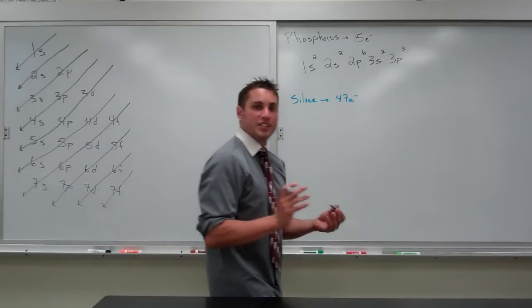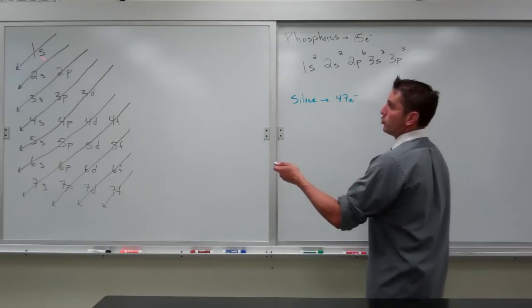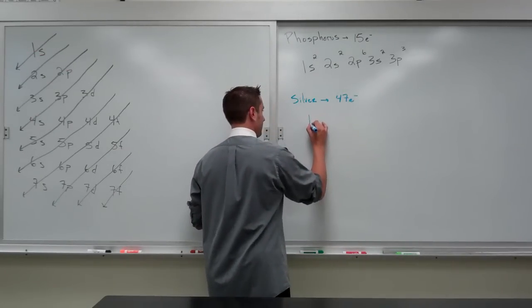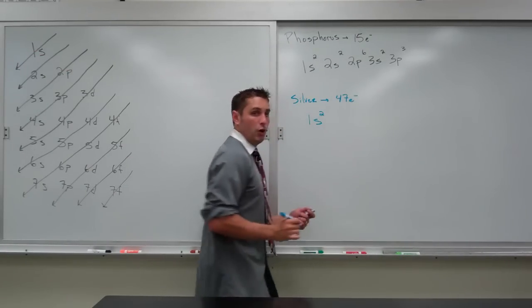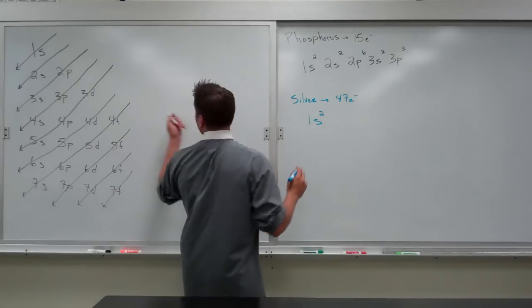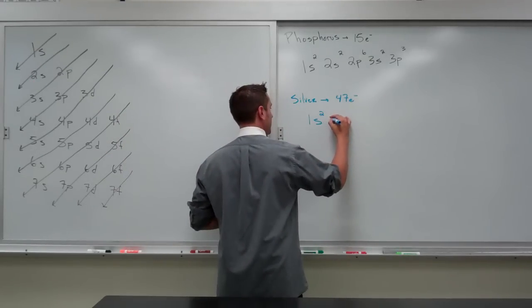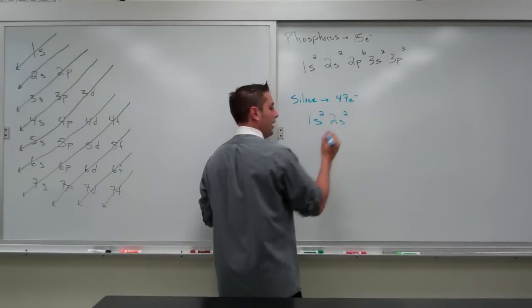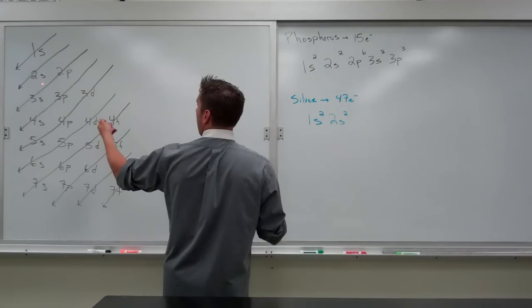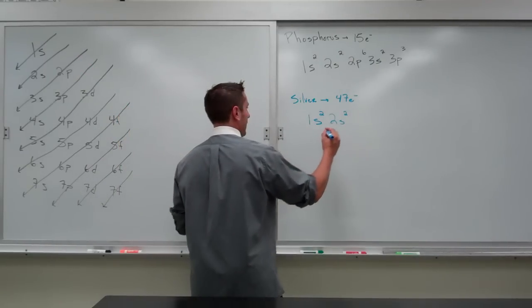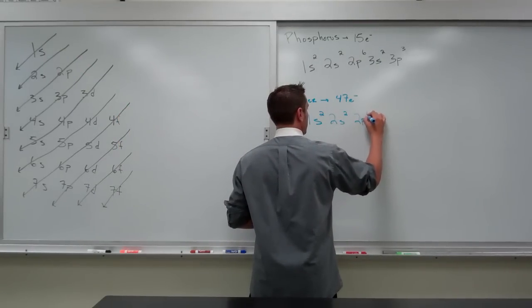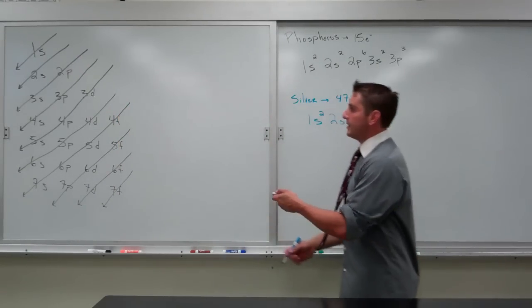We will try to fill the same way that we did before. The first orbital that fills is a 1s. An s can hold 2. The next orbital that fills is 2s. It can hold 2. After that, jump up to 2p. A p can hold 6.